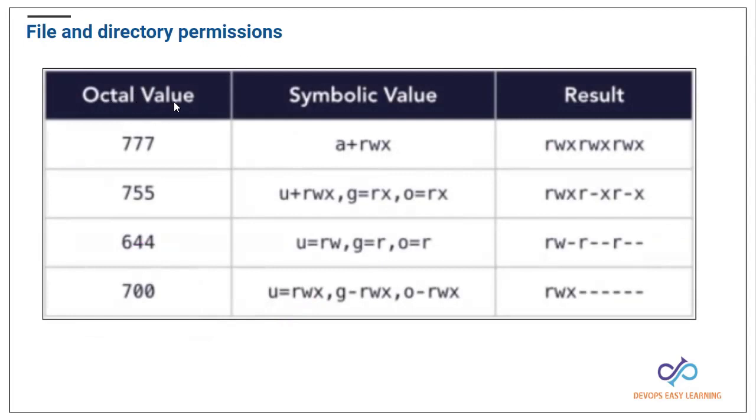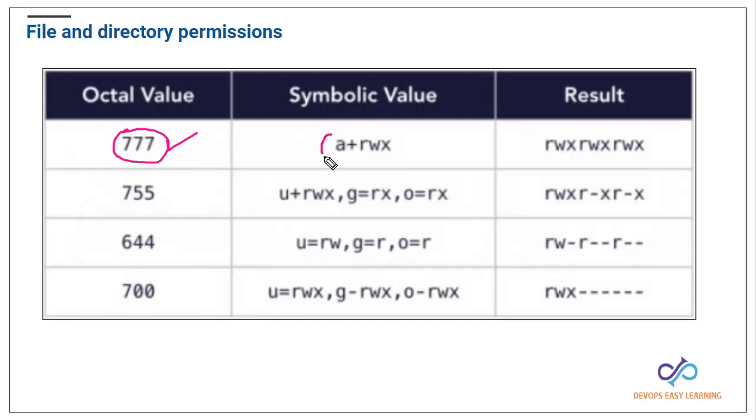Here, we have the octal representation, and if we convert that into symbolic mode, what will be the difference? In octal representation, if we want to give full permission to a file or a directory, we use 777, and this is the one that is widely used out there. This is the one that a lot of folks know out there.